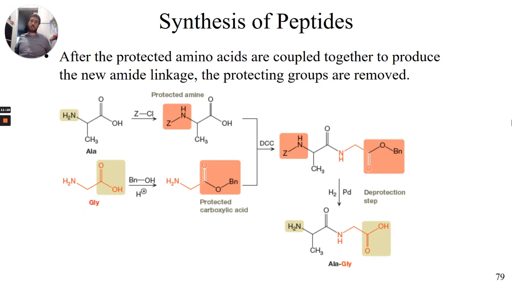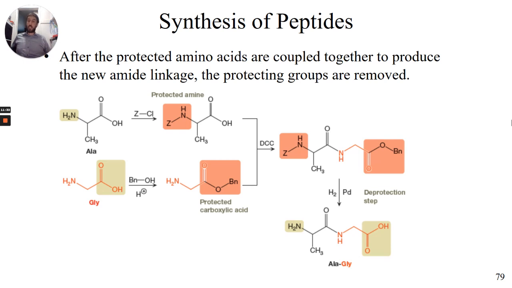Okay. So peptides, we go through, we protect each piece, we do the coupling, we make our dimer, we deprotect, we protect potentially again so that we can go through and do the next amino acid. So it's a lot of on, off, on, off, on, off, on, off, on, off.